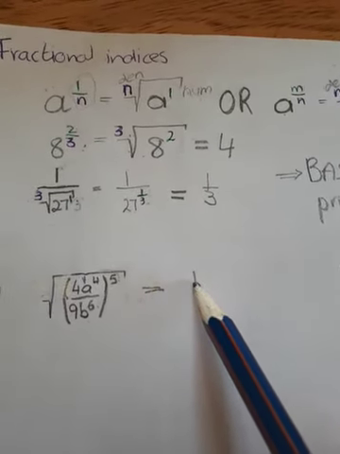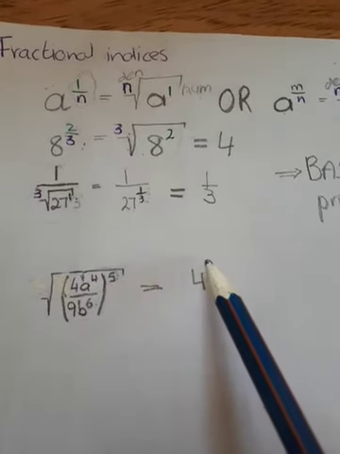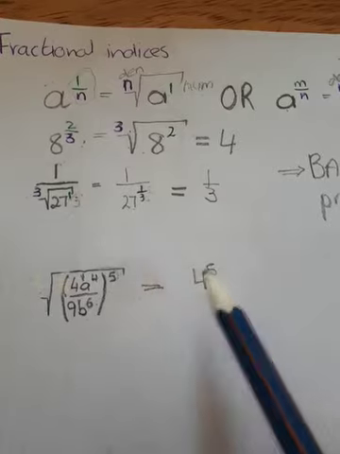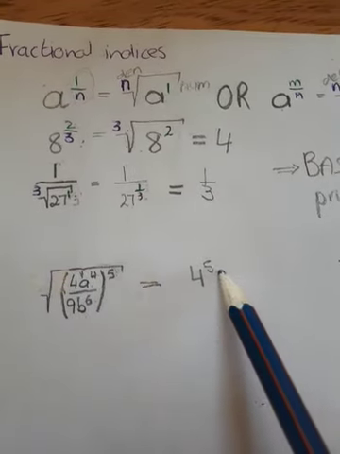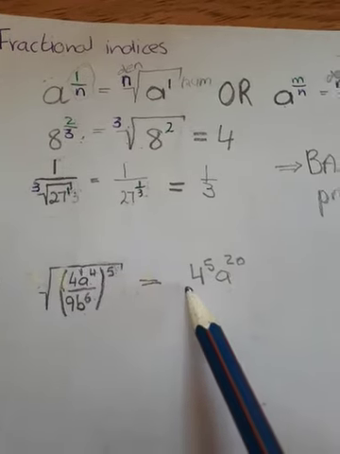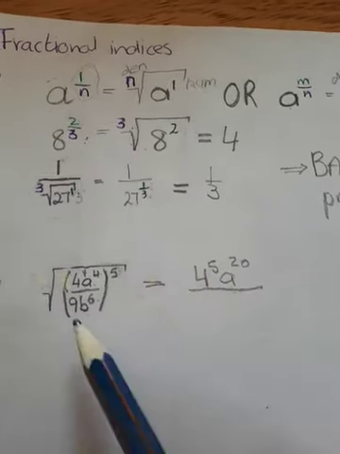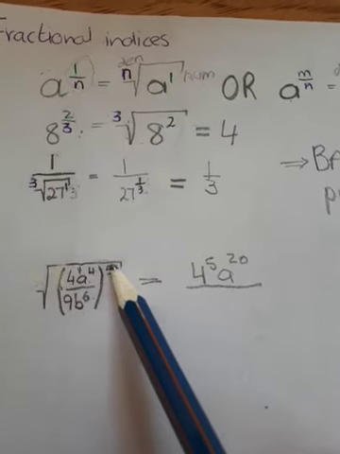So this becomes 4 to the power of 1 times 5, which is 5, and a to the power of 4 times 5, which is a to the power of 20. Then the denominator is 9b to the power of 6, to the power of 5.